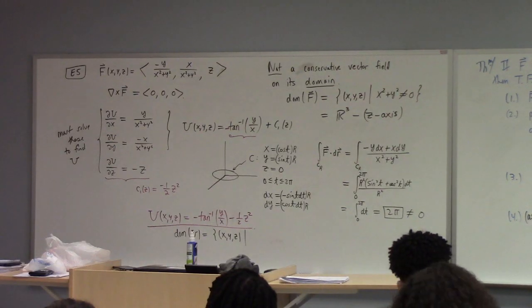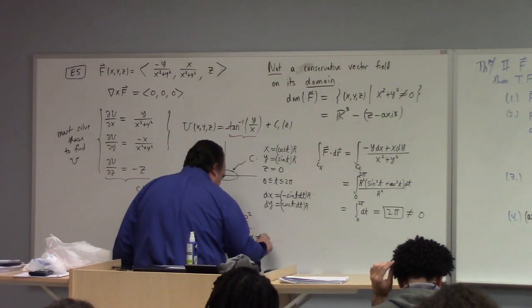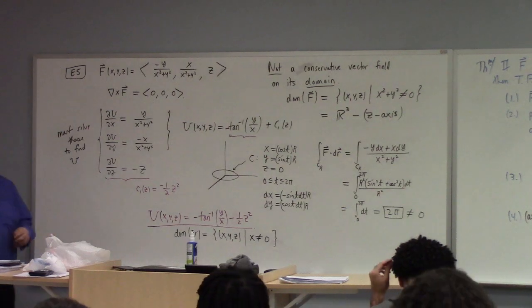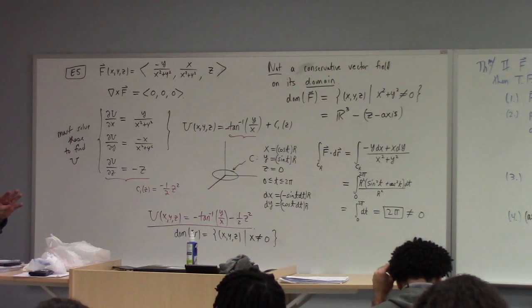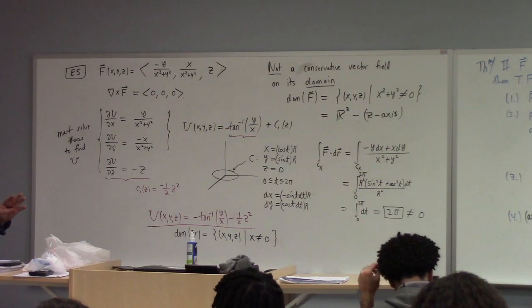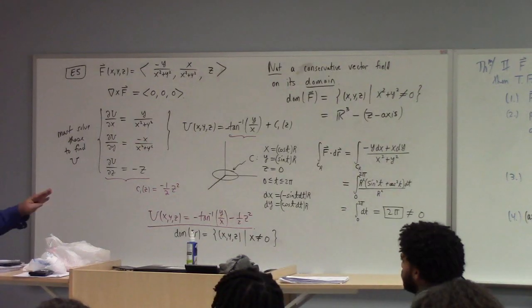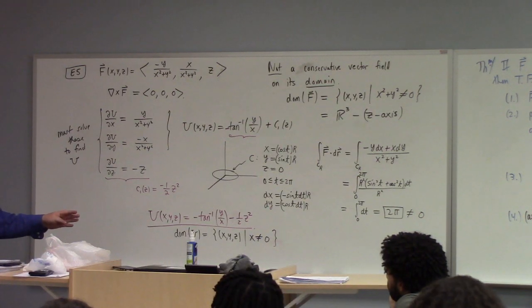X equal to 0 is definitely a problem. So we need x not equal to 0. Don't be deceived. This is only a potential energy function on R3 either to the right or to the left of the x equals to 0 plane, right? So it's not a potential on the whole domain. That matters. Domain matters.